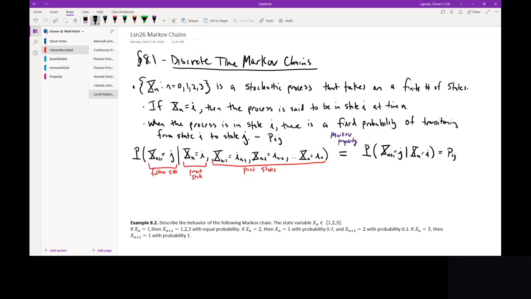So that's still that same probability that we talked about up here, p sub ij. And that's known as the Markov property.